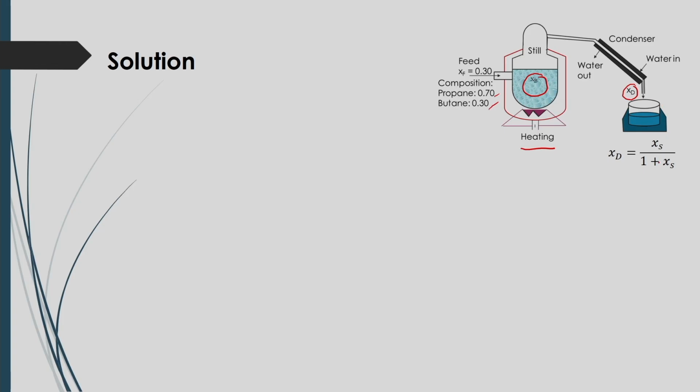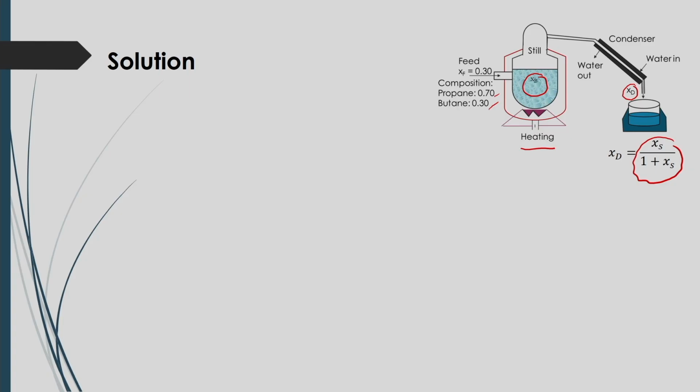This xd changes with respect to time, and it is related to the concentration of butane in the still by this equation: xd equals xs by 1 plus xs. What is xs here? xs is nothing but the concentration of butane in the still at a time t.